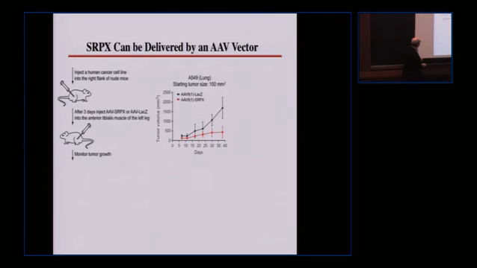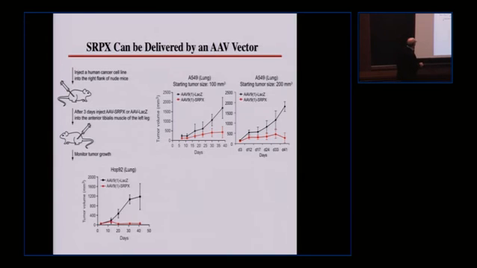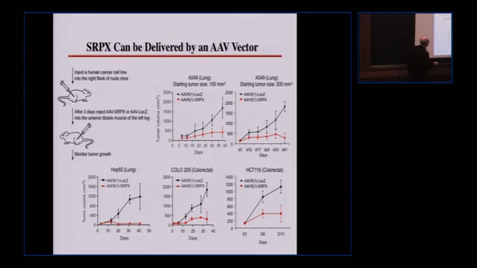And so here we're looking at SRPX delivered by an AAV9 vector to suppress tumor growth. Here we're seeing suppression of tumor growth of A549 lung cancer cells, and here another suppression of another cell line, HOP92, and colorectal cancer cells, including colo205 and HCT116.